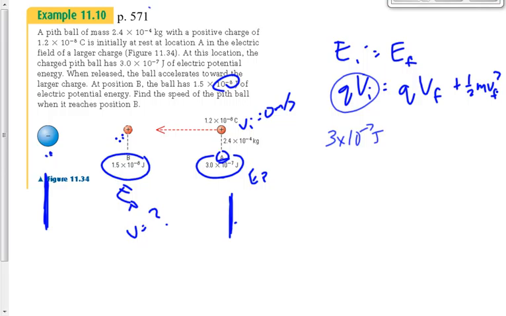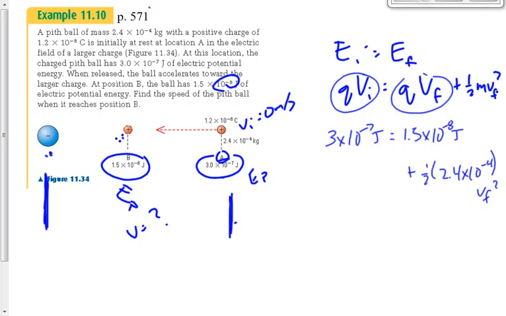The final potential energy, what is it? 1.5 times 10 to the negative 8 joules. We add to that, of course, 1/2 times 2.4 times 10 to the negative 4 times Vf squared.